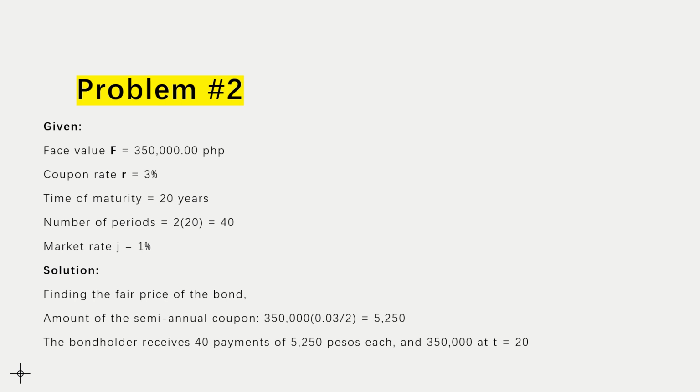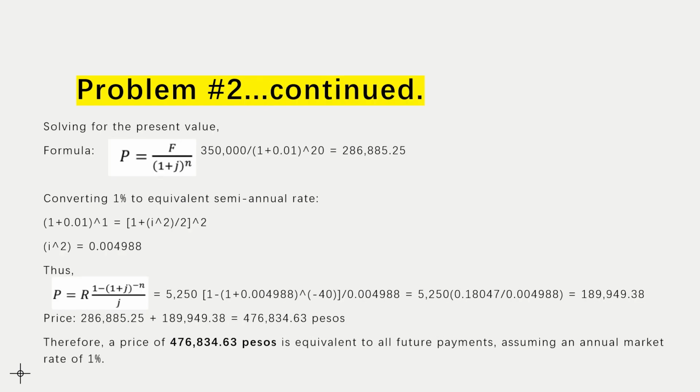Now, having said that, we consider that the bondholder receives 40 payments of 5,250 pesos each and 350,000 pesos at t equal to 20. Time of maturity would be 20 years. So that's not it. There is actually even more. Now we solve for the present value.